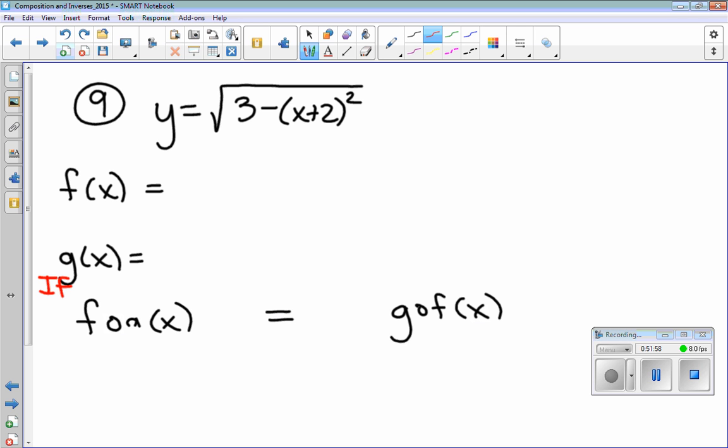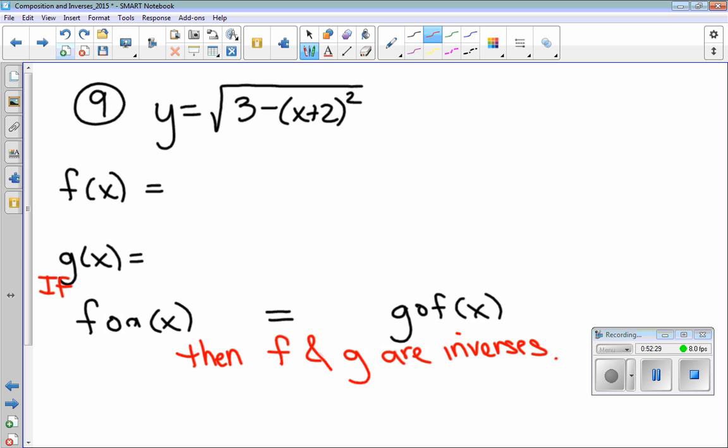If these are the same, then f and g are inverses. That's pretty darn important. So if you did the composition f of g of x, and you did the composition g of f of x, and you got the same thing, actually they'll both be x, believe it or not. If you get the same thing, then they're inverses of each other.